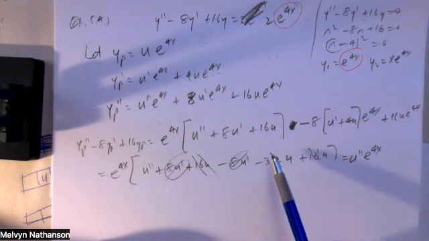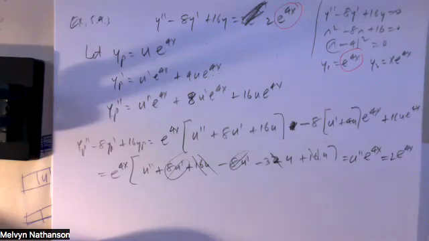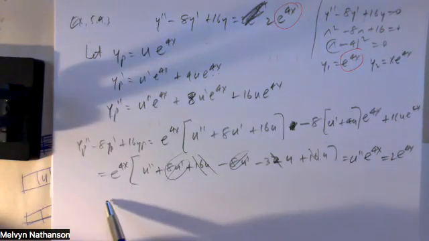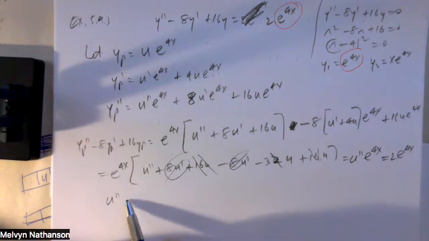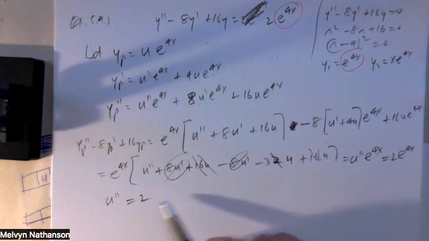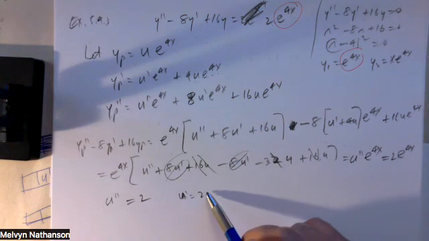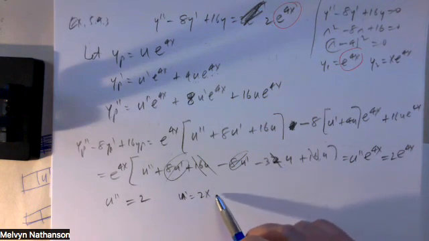And that's supposed to equal 2e^(4x). So I just need a function u where u'' is equal to 2. If u'' is 2, u' is 2x plus some constant.